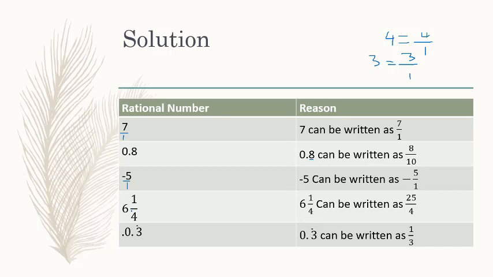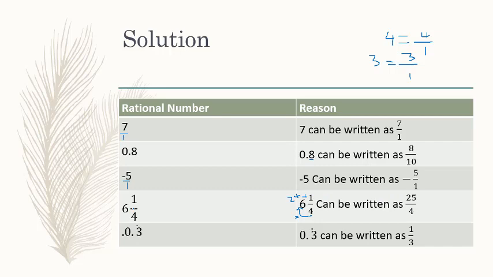This is a mixed number. Then remember, a mixed number can be converted into an improper fraction. To convert a mixed number into an improper fraction, what do we do? We multiply the denominator by the whole number, which is 6. We say 4 multiplied by 6, which is 24. 24 plus the numerator, 1, is 25 fourths.